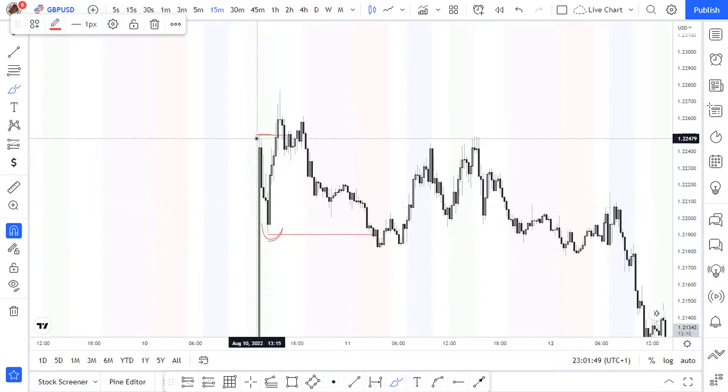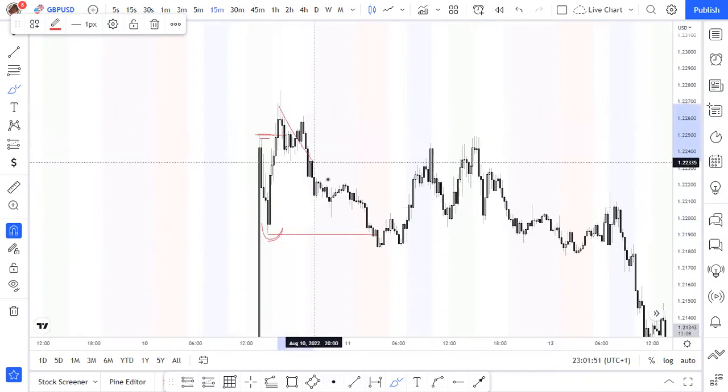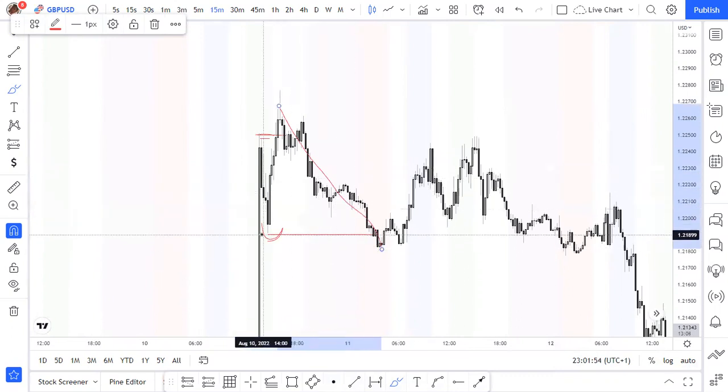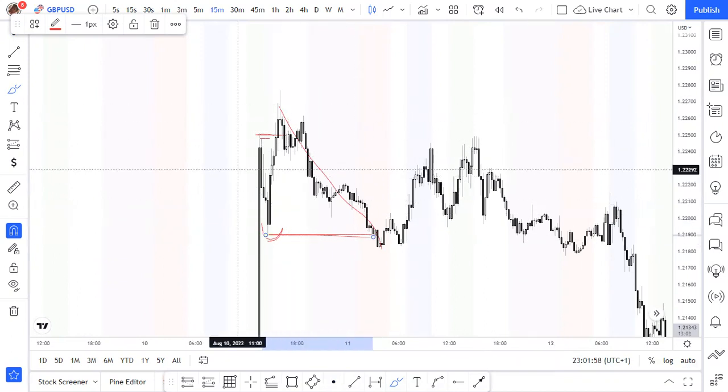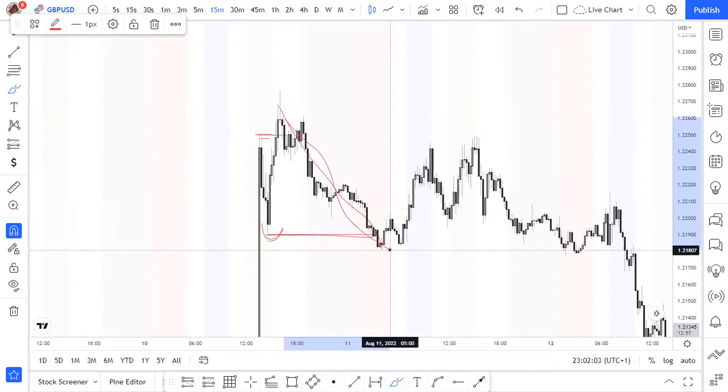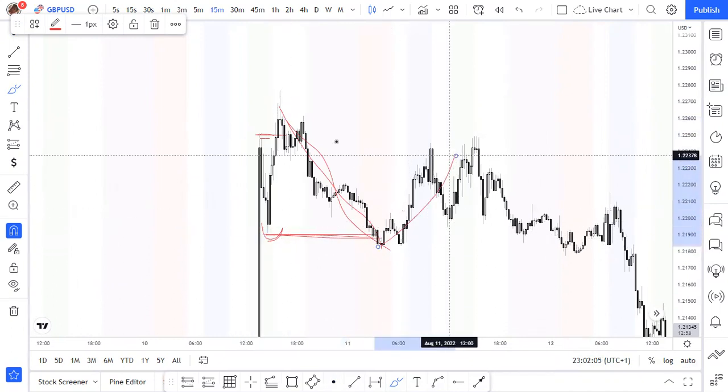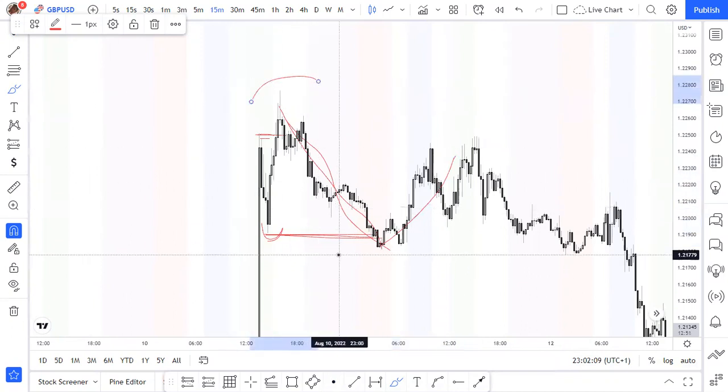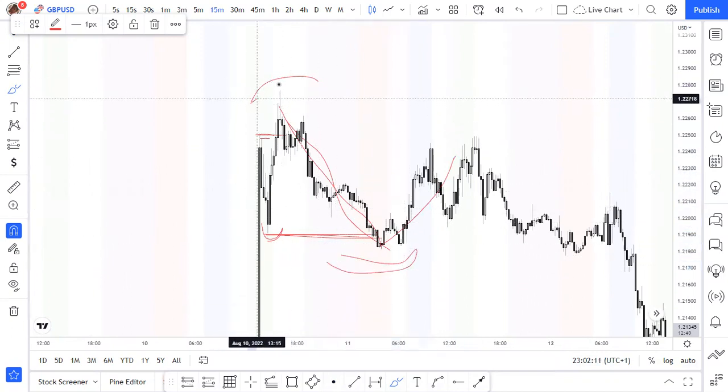And since price has now pushed down and broken the structure here, if you are looking at this particular structure, you can see that the bullish structure is now broken and price has pulled back into this new supply range, which is somewhere here.